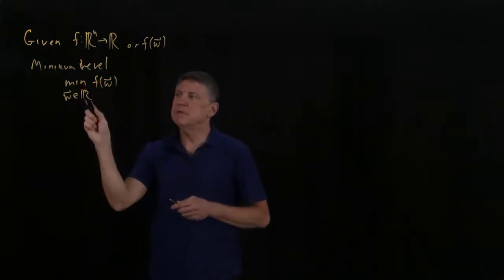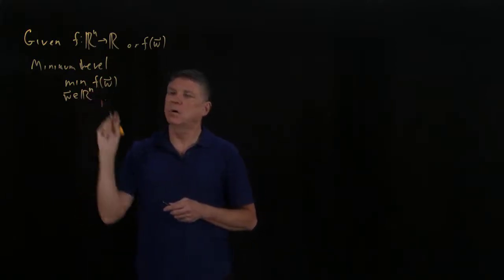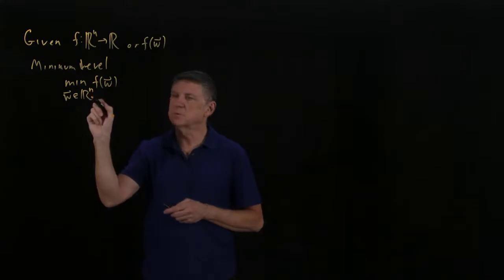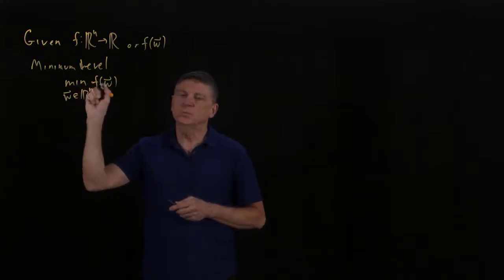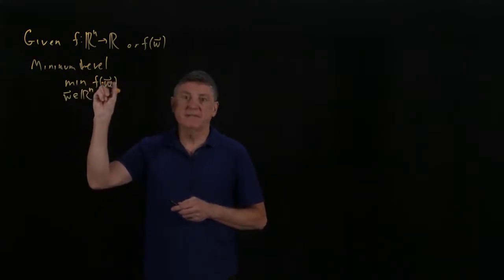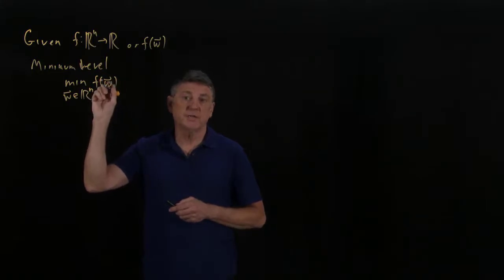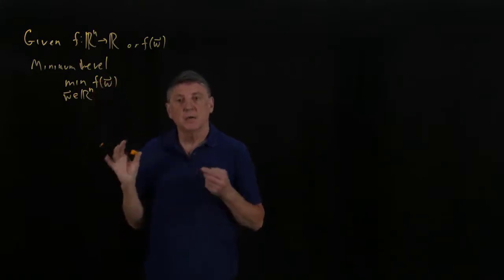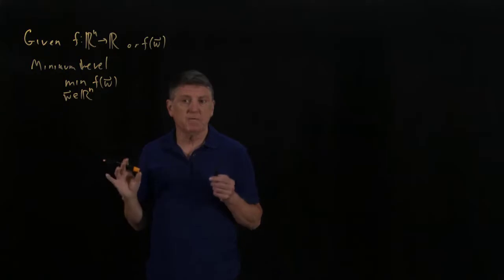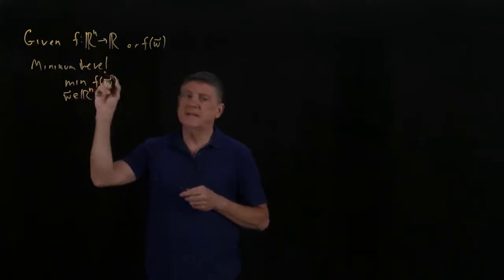This min over all of the possible vectors would return the minimum level or the minimum evaluation of the function. In optimization, we often are not particular about what that level is.